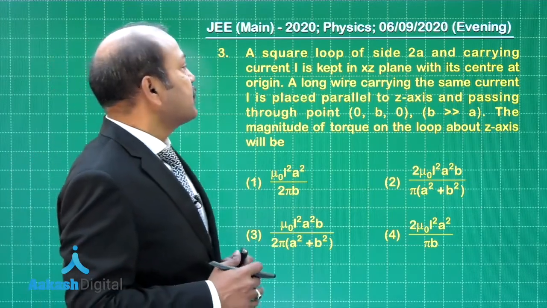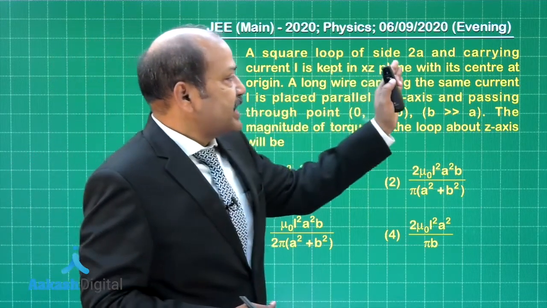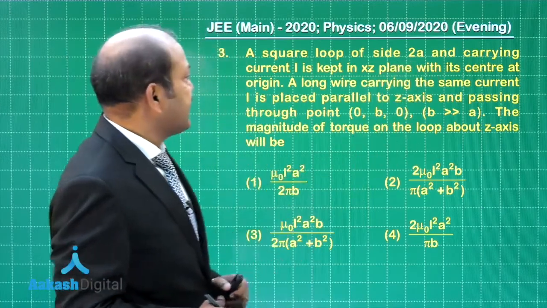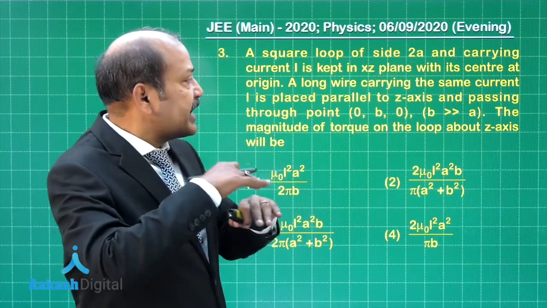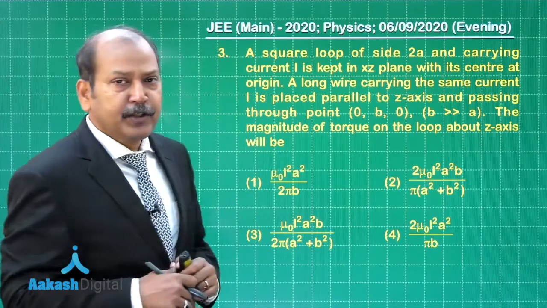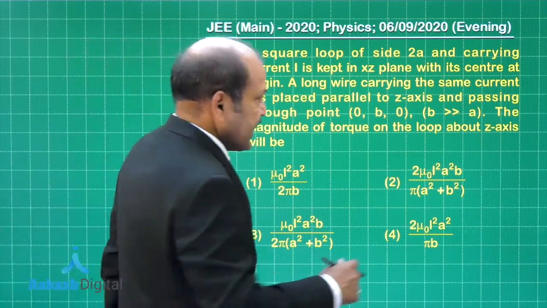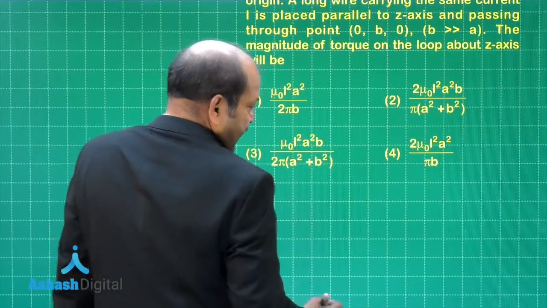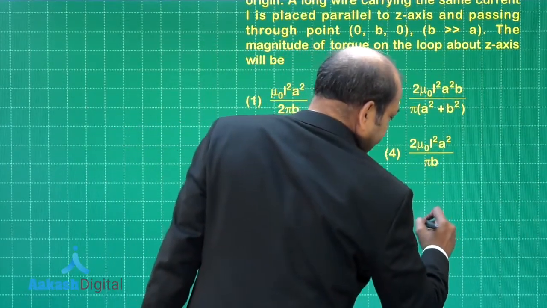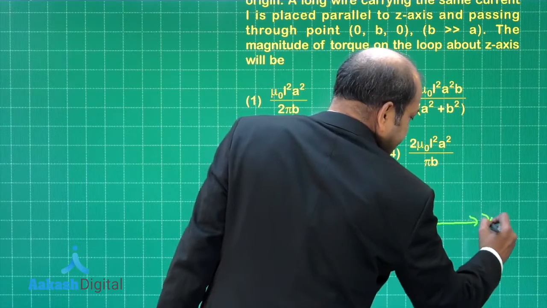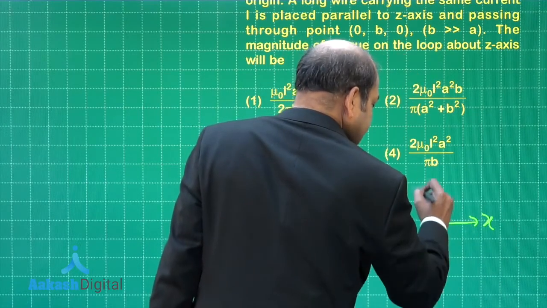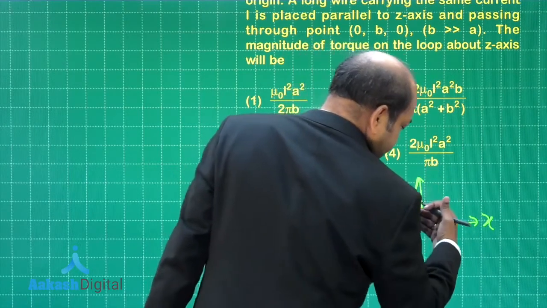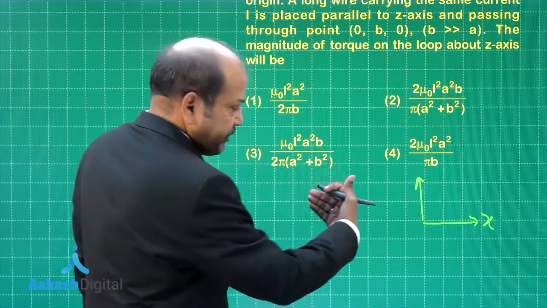So, first of all, we note that the square loop has side 2A and it has current I and it lies in the xz plane with its center at the origin. Let us depict the situation with the help of a diagram. We have the x axis like this, this is the y axis, and the z axis is coming outward.